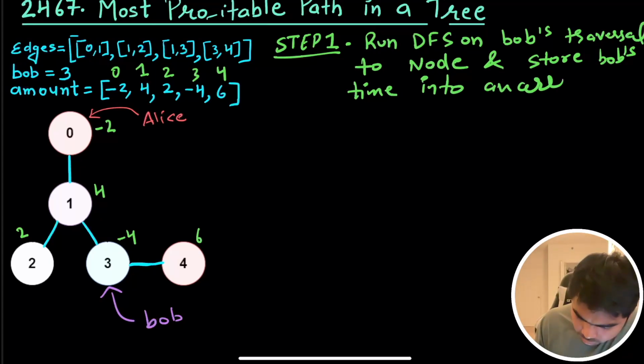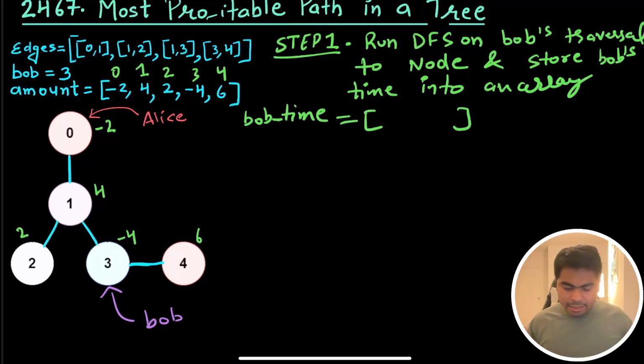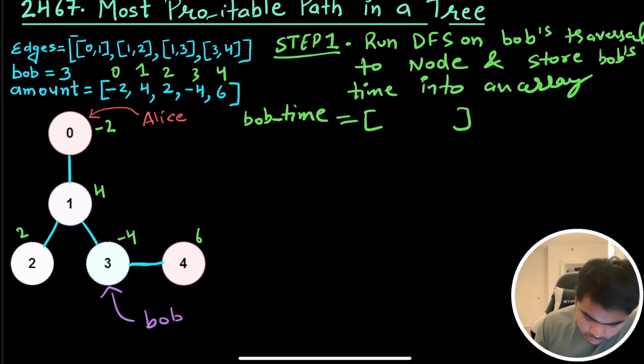Let's call it Bob time. This is the array we will be creating, where Bob's time is recorded at every second as it reaches all these different nodes while reaching 0. Whenever it reaches 0, that's when we will return true and come out of that DFS. So that is step 1.